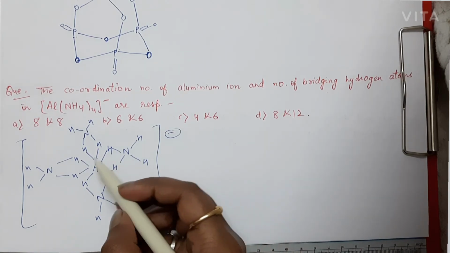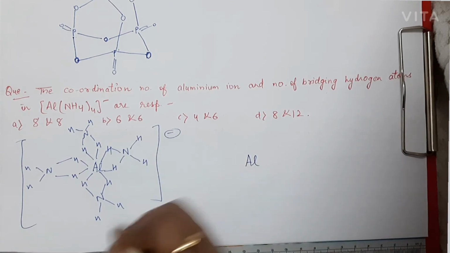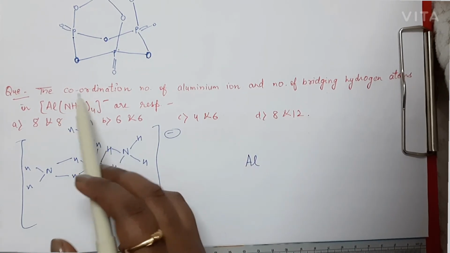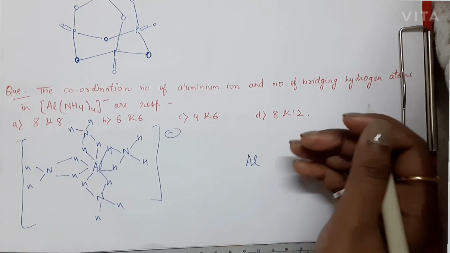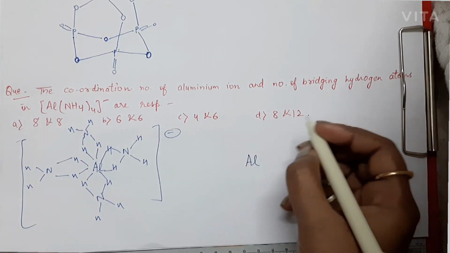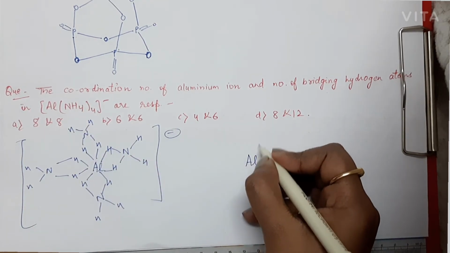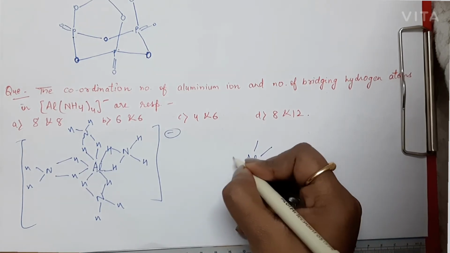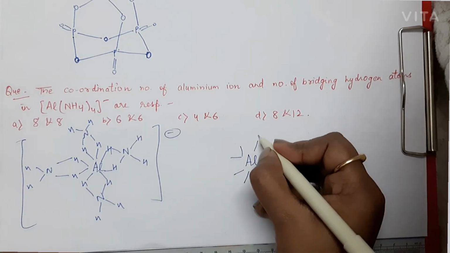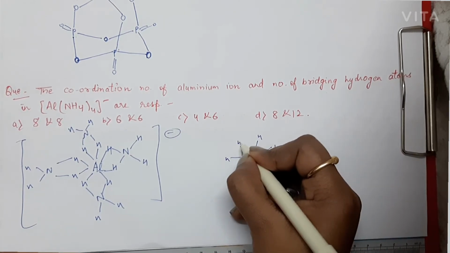Basically aluminium is attached with these hydrogens like this. Here is the aluminium, we have 4 NH4 ligands. So one NH4 ligand is bonded to aluminium via 2 hydrogens. So basically we have 4 NH4, so there are 8 bonds between the ligand and the central metal, right? 8 bonds. Each of the bonds is with hydrogens of this NH4 ligand.